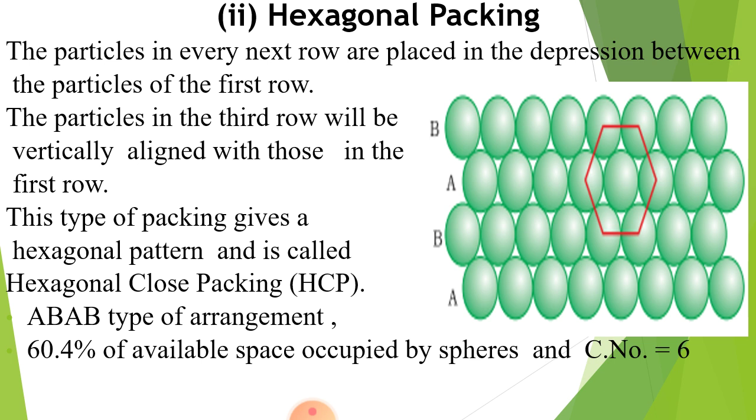Here the particles in every next row are placed in the depression between the particles of the first row. The particles in the third row will be vertically aligned with those in the first row.